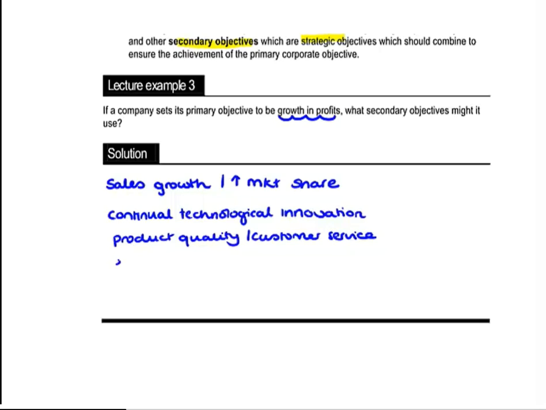It might be to do with efficient use of resources, so making the product as cheap as possible while still satisfying customer needs.